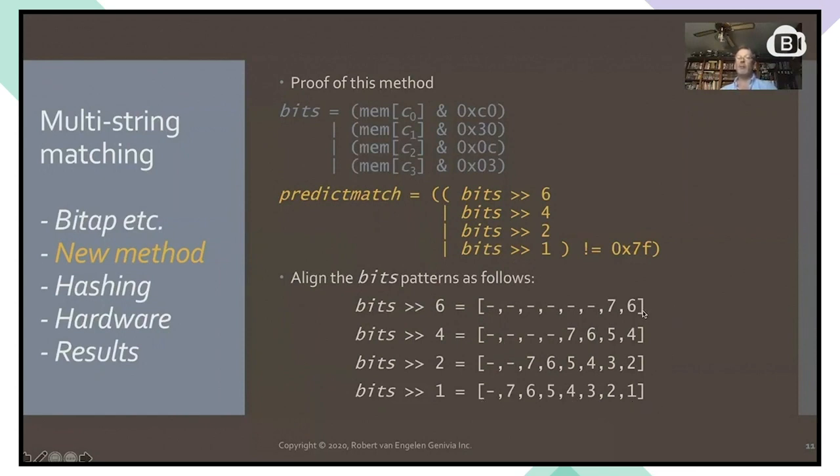The numbers here are the bit positions, right? So after shifting bits by 6, you have bit 7 and bit 6 all the way to the right. And if you shift just by 1, then 7, 6, 5, 4, 3, 2, 1 is remaining. This is a 0 bit that's shifted in. There's a dash here because it's irrelevant, as we'll see later on.